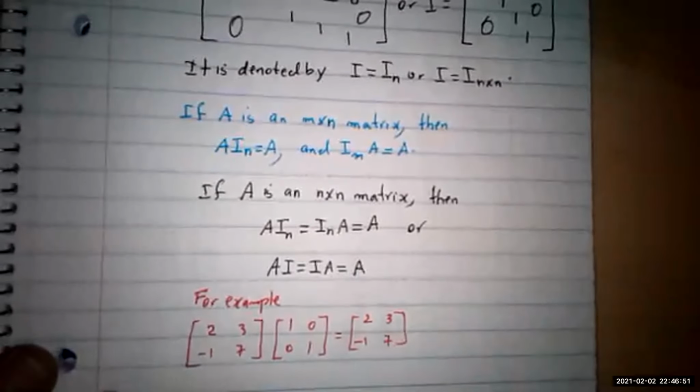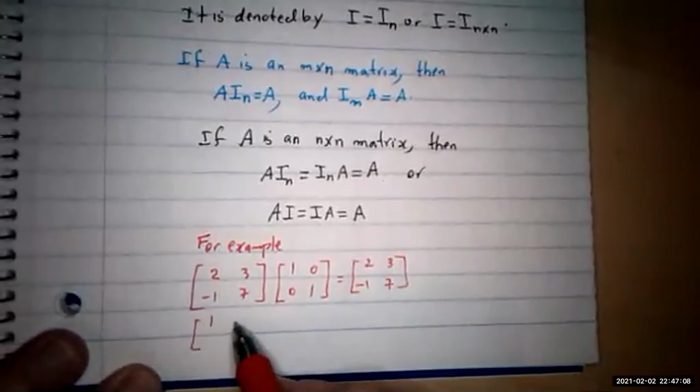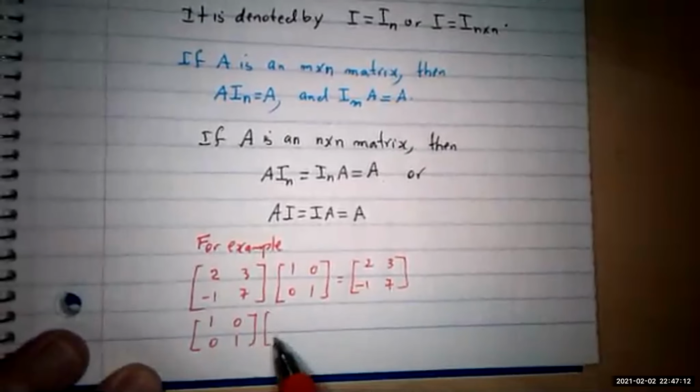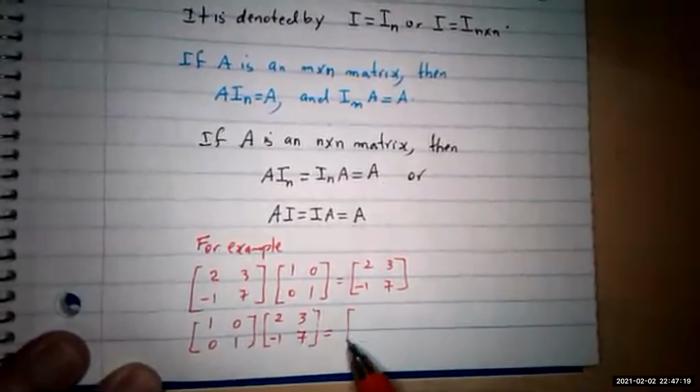You can see it easily: row by column gives you 2, then 3, and negative 1 times 1 is negative 1. And if you multiply the other way around, you get the same thing.